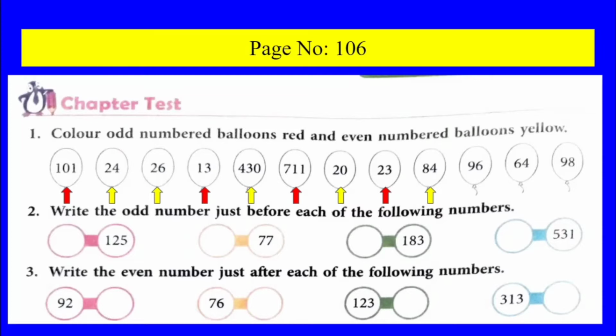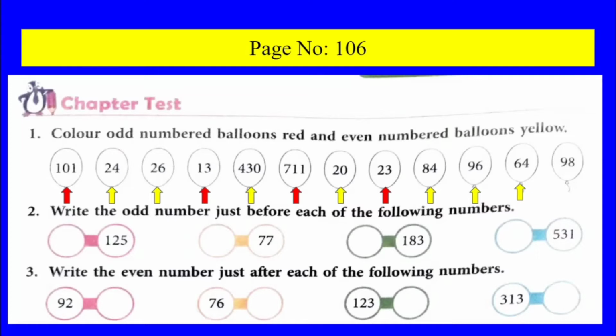Therefore it is also an even number, so we will color it yellow. The next number on the balloon is 64. So 64 is also an even number because it ends with 4. Therefore we will color 64 in yellow.